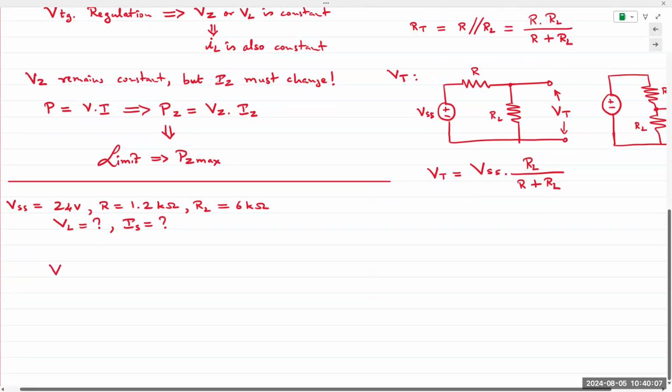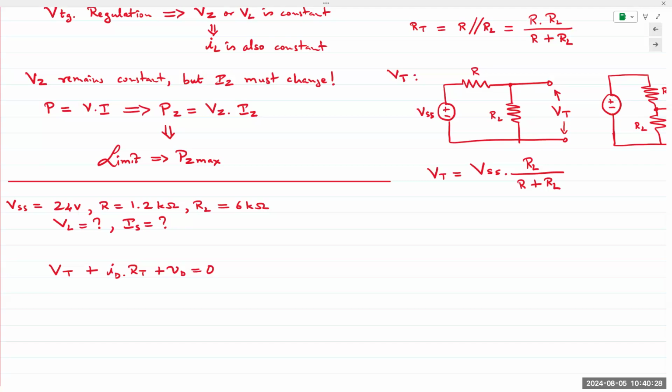The Thevenin equivalent circuit reduces R and RL to one single resistance. VSS is now VT.